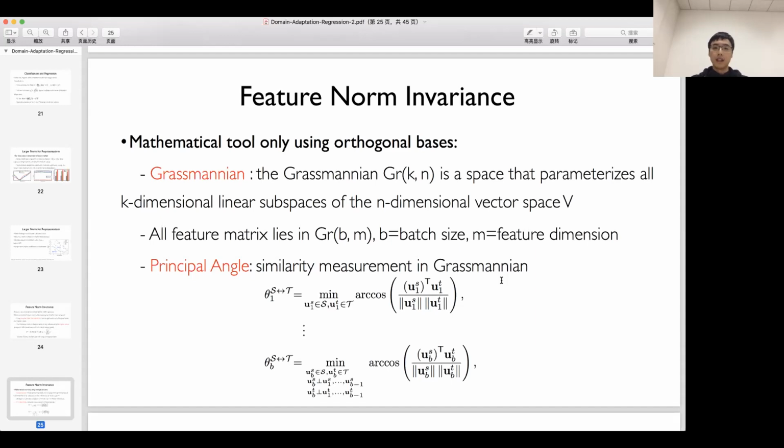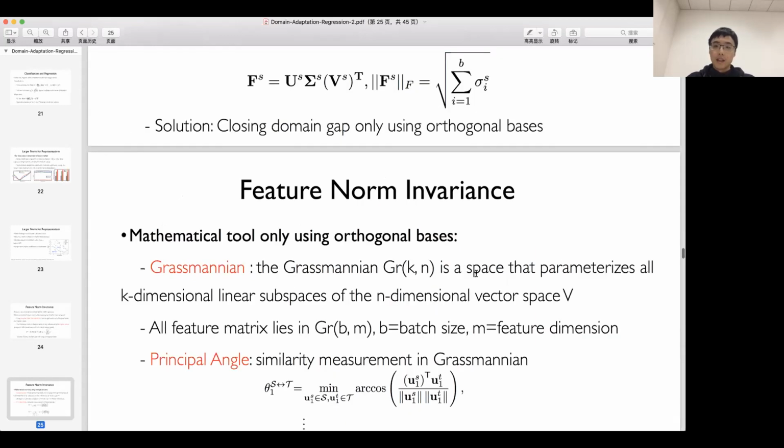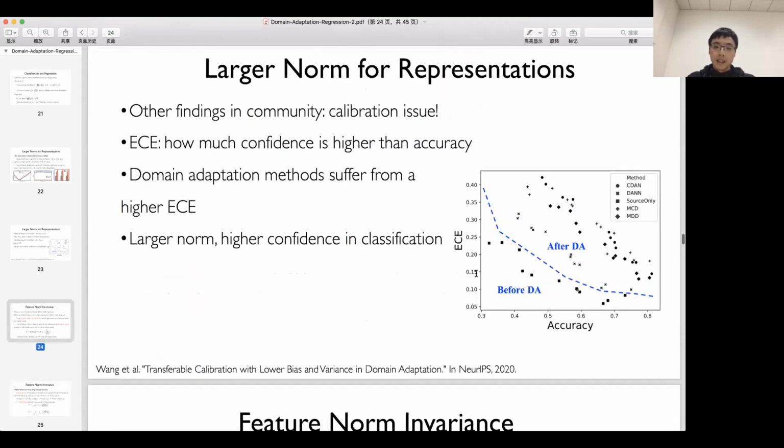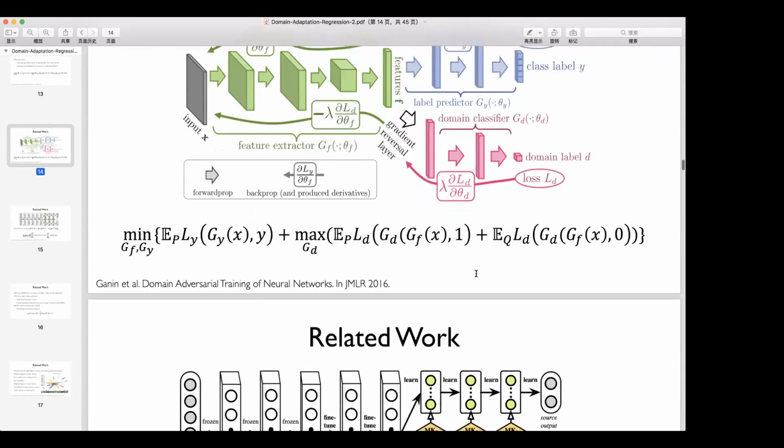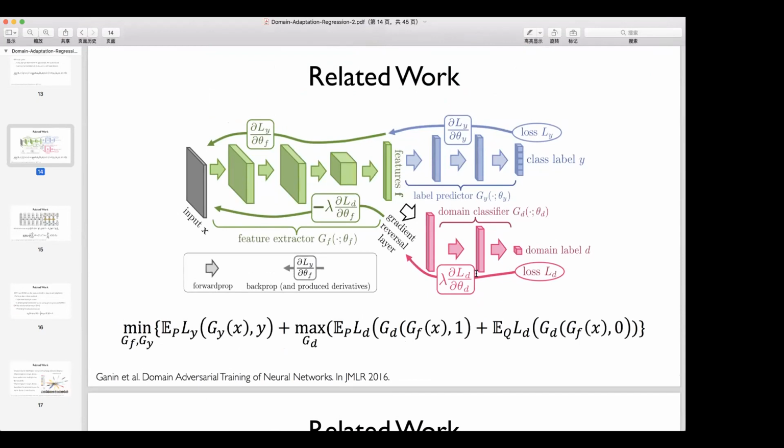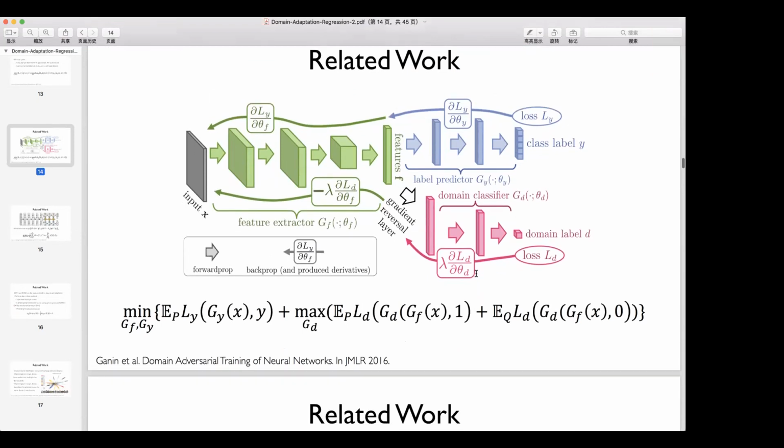For example, in DANN and DAN, they all just use a batch of samples to estimate the distribution of the source domain and target domain. And it works well in the domain adaptation setup. I think it is true that if we just use a batch of samples to estimate the distribution, it is not very accurate. But I think it is enough for deep learning algorithms. Okay, thank you.